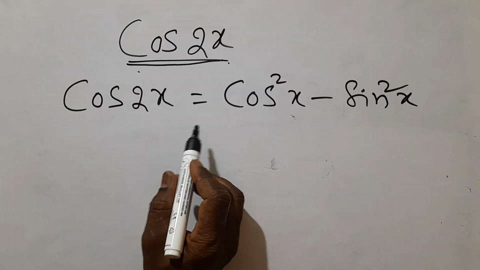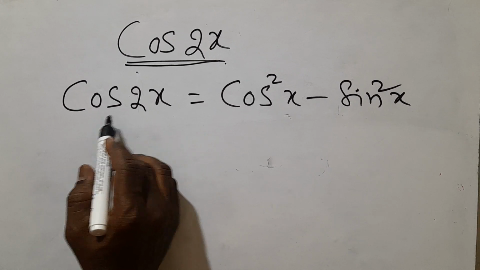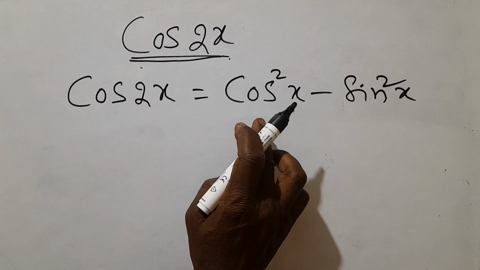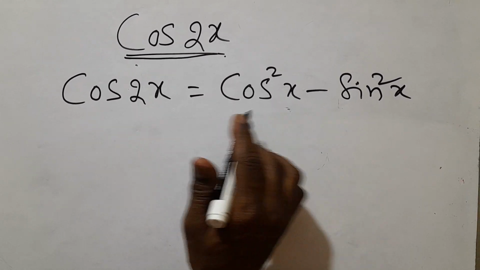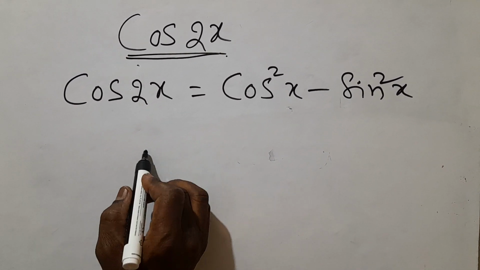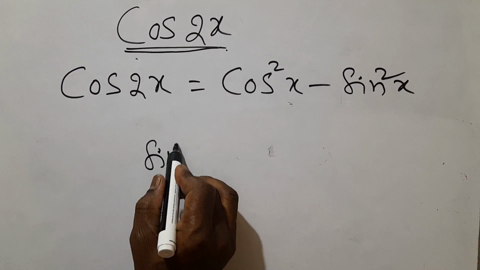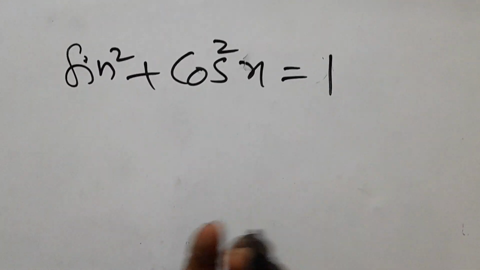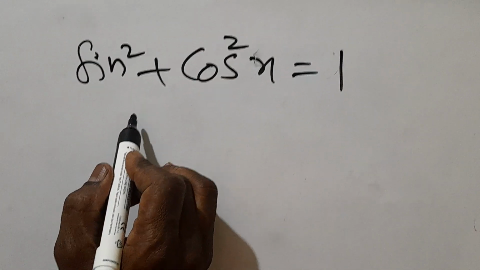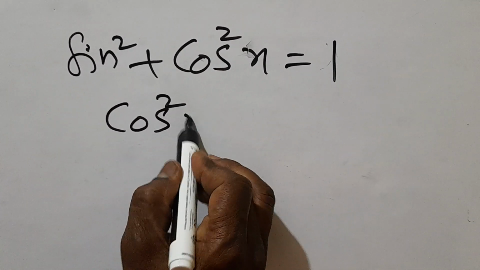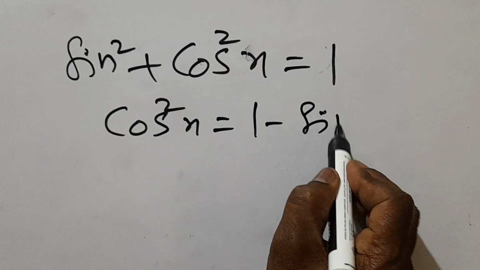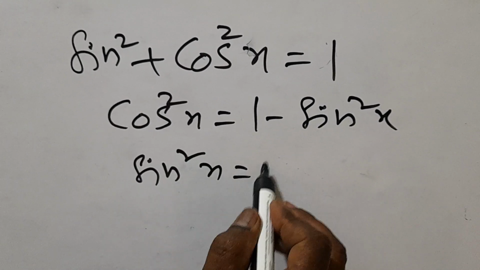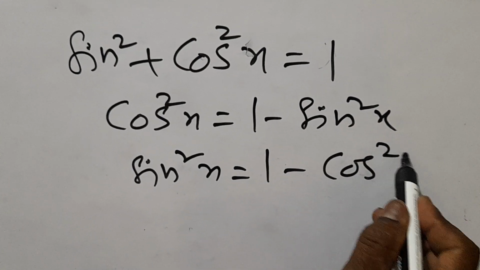Now cos 2x is equal to cos square x minus sin square x, we derived this formula. Now we know the identity sin square x plus cos square x is equal to 1. From this you can write cos square x is equal to 1 minus sin square x, or sin square x is equal to 1 minus cos square x.